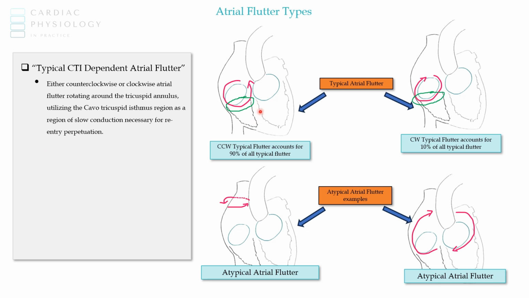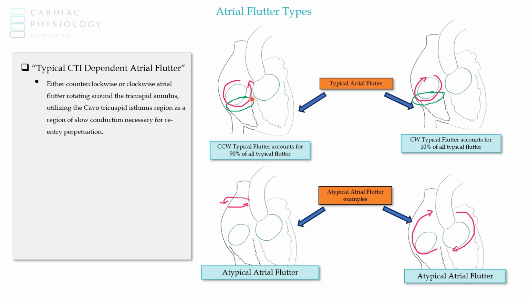So typical flutter usually refers to either counterclockwise flutter or clockwise CTI-dependent flutter. Both of them are CTI-dependent. Counterclockwise typical flutter is by far the most common type of atrial flutter, accounting for 90% of all typical flutters or CTI-dependent flutters. And clockwise atrial flutter accounts for about 10% of typical flutters.